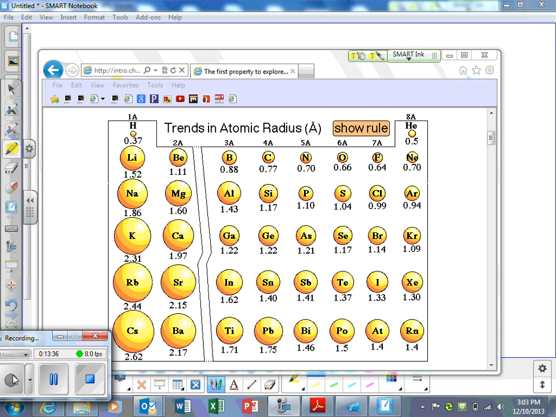But look at, these are the sizes of the atoms. So if you think of sodium, the valence shell is going to be on the outside, right? Because that's going to be the highest energy level, kind of on the outside.